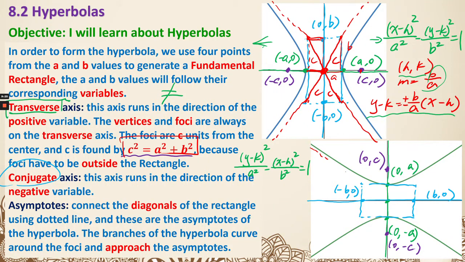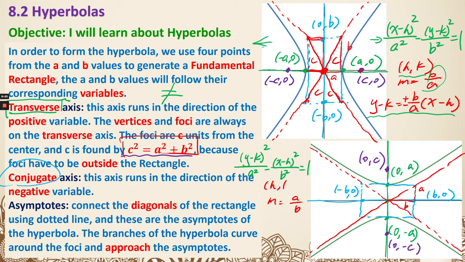So here it is, and here's the other one. It's not super precise, but you get the idea. It's connecting the diagonals. In this case, that height is going to be a, and that horizontal portion is going to be b. So my slope is not going to be b over a. It's actually going to be a over b.